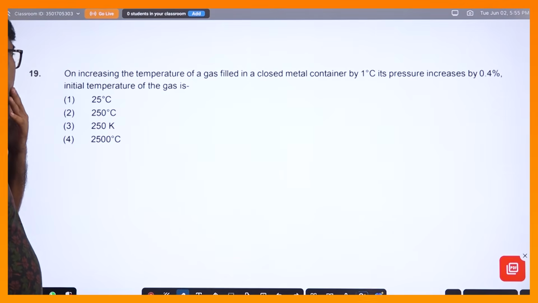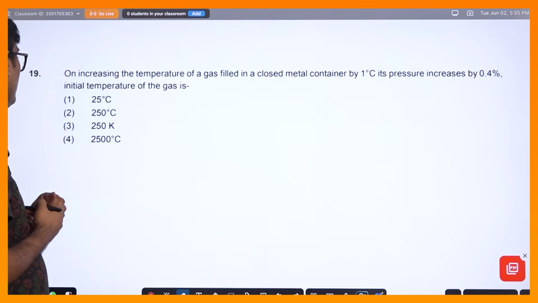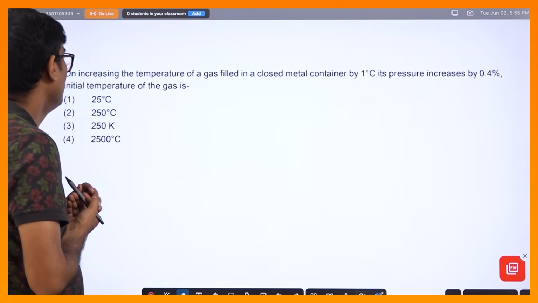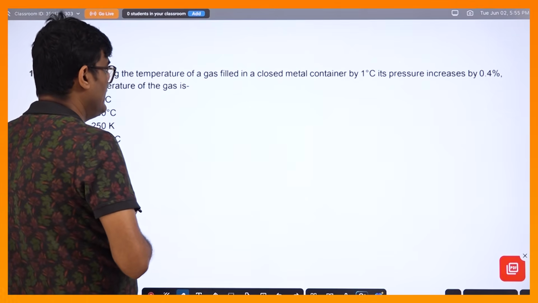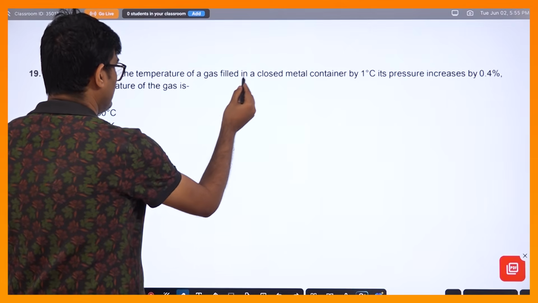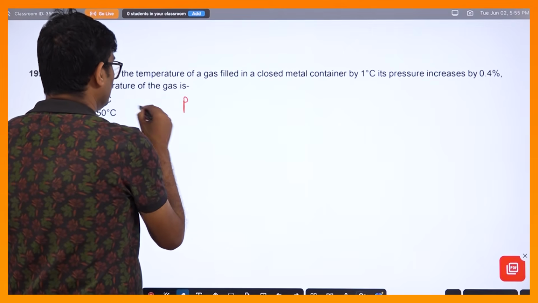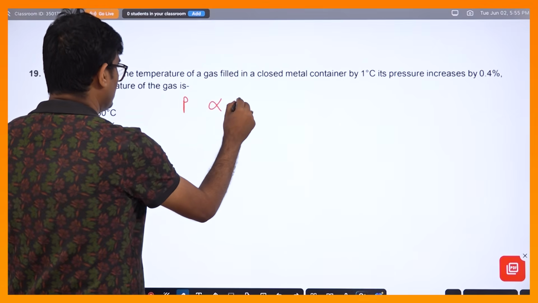On increasing the temperature of a gas filled in a closed metal container by 1 degree centigrade, pressure increases by 0.4%. Initial temperature of the gas is? On increasing the temperature of a gas, pressure increases. As it is a closed metal container, volume remains constant. So pressure is proportional to temperature.